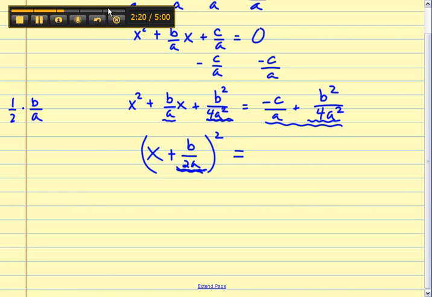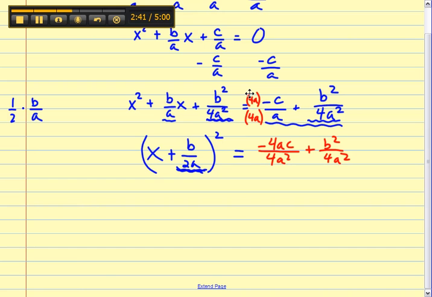So that means I need to multiply the top by 4a and the bottom by 4a. So that's going to give me minus 4ac over 4a squared plus b squared over 4a squared.